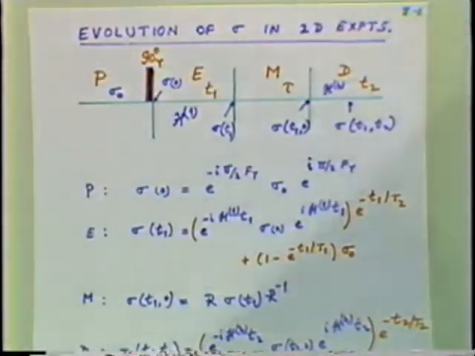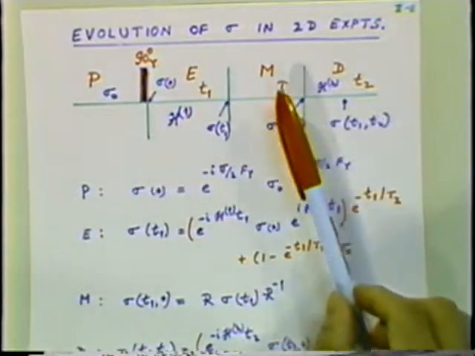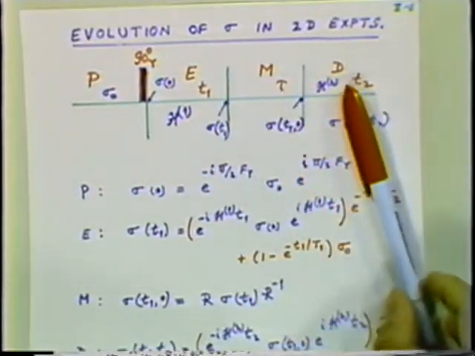All right. So now we are ready to calculate the time evolution of the spin density matrix in a two-dimensional NMR experiment. We have these various periods: the preparation period, the evolution period, the mixing period, and the detection period.